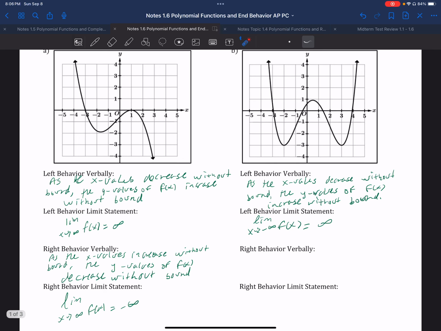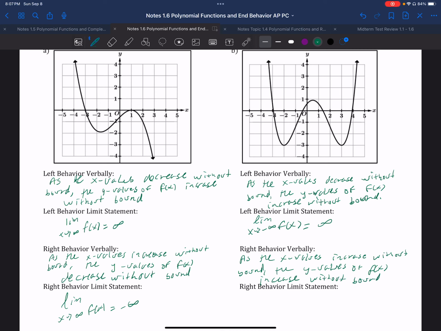For the right behavior verbally, I'm going to say as the x values increase without bound, the y values of f of x increase without bound as well.